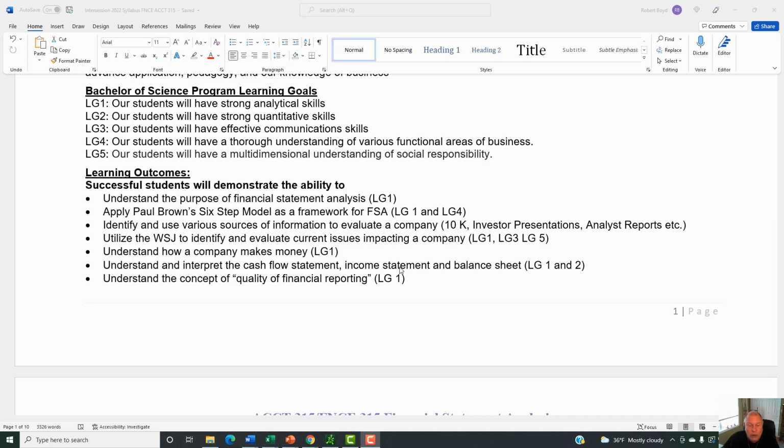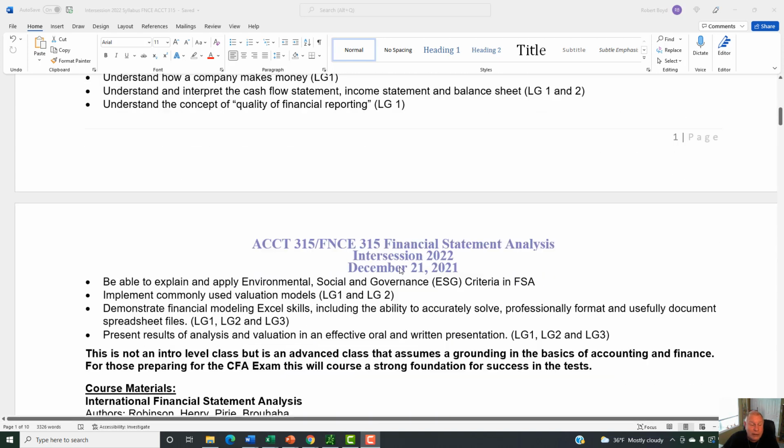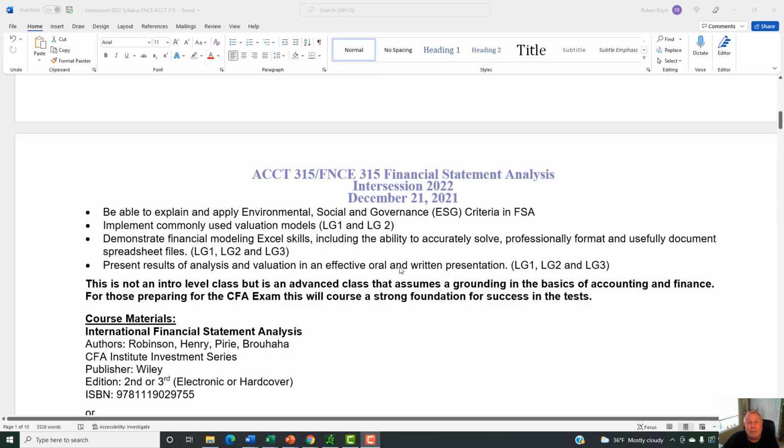Understand and interpret cash flow, understand the concept of quality reporting, be able to explain and apply environmental, social, and governance (ESG) criteria. Implement commonly used valuation methods, demonstrate financial modeling, and be able to communicate this information effectively.